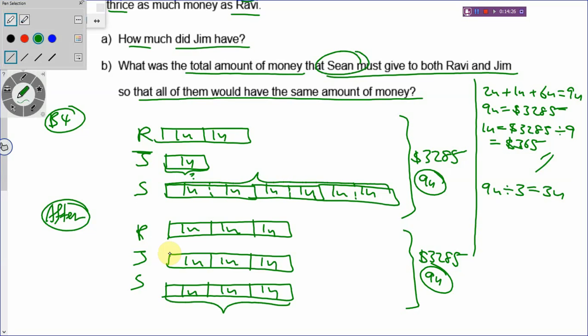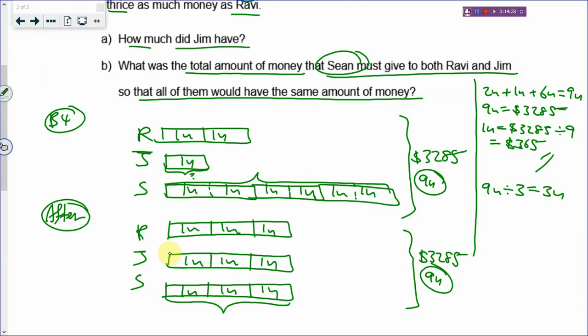So you can see that if 1 unit is $365, Sean has 6 units at first. And now he has only 3 units left. So which means that he must have given away 3 units, right? 3 units to who? To Ravi and Jim. So 9 units minus 6 units, Sean has given away 3 units.